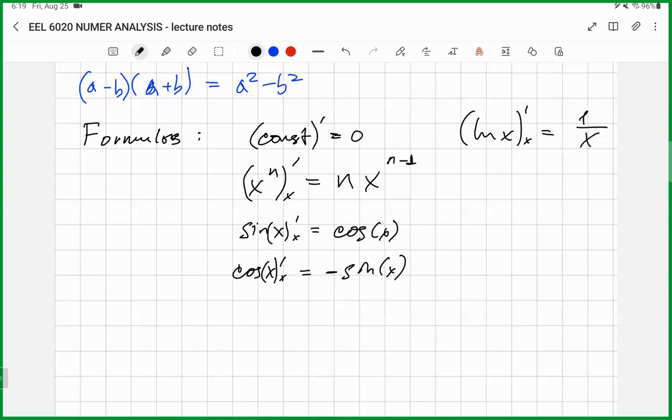And for an arbitrary logarithm, log with base a, by x, it will be again 1 over x, and then also divided by logarithm a. So if a is e, 2.7, etc., it becomes 1 for this logarithm.